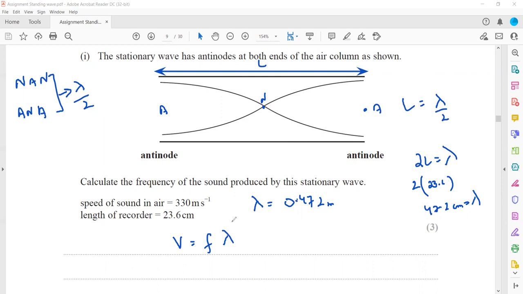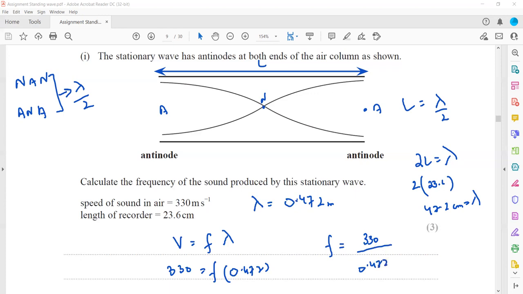Then we have the formula v equals f lambda. So speed is frequency multiplied by wavelength. The speed is given as 330, the frequency is unknown, and the wavelength is 0.472. So the other side will be divided, so it will be 330 divided by 0.472.